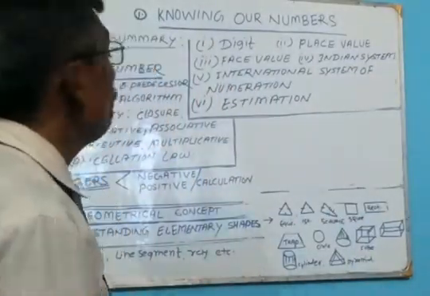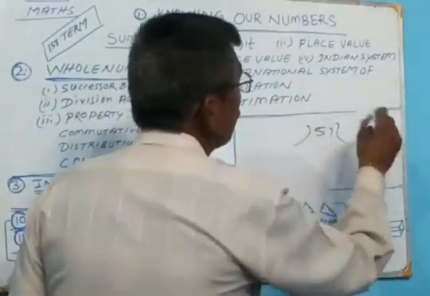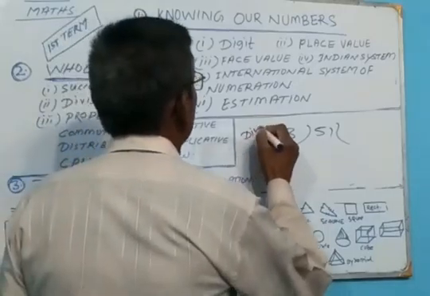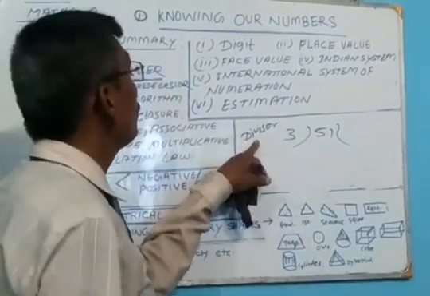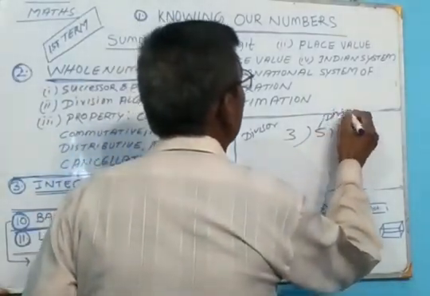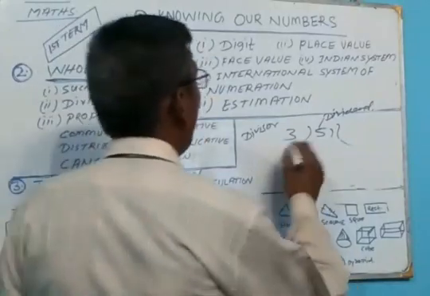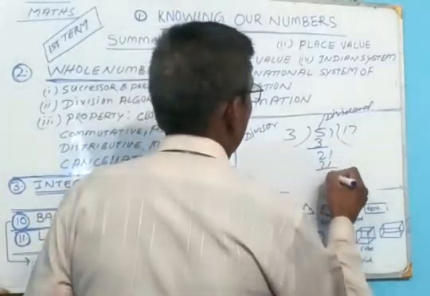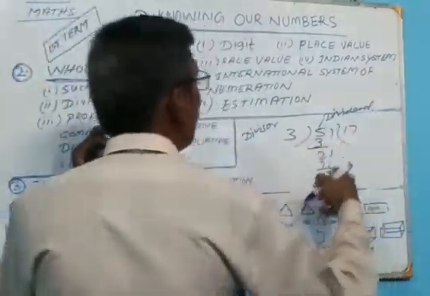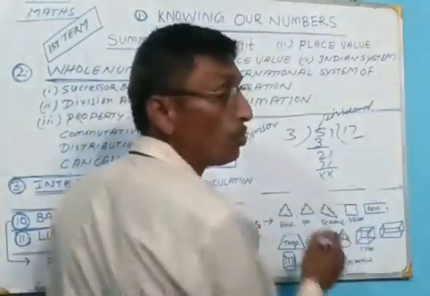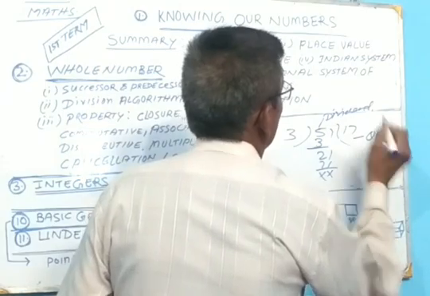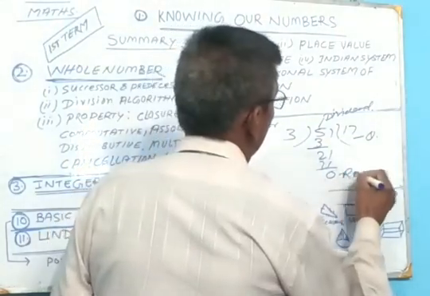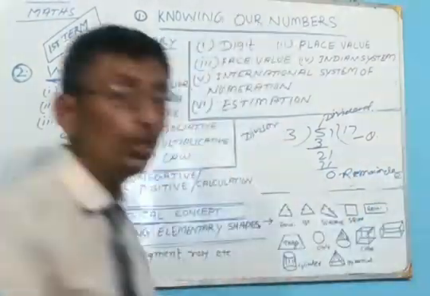Suppose that if we divide 51 by 3, then 3 is the divisor, 51 is the dividend, and 3 17s are 51. 17 is the quotient and 0 is the remainder.